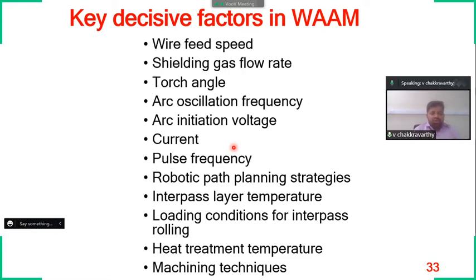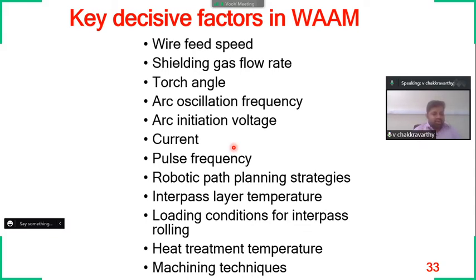Because your molten pool interacts with the environment, due to which oxides are formed, and so the metal gets discolored. Such things can be prevented by the shielding gas flow rate. If you are giving a shielding gas flow rate of 20 liters per minute, that very high flow rate means no oxide can easily infiltrate. If you are giving 10 liters per minute, then obviously it will result in a lot of oxide formation. So the shielding gas flow rate is also one of the important constraints we need to consider.